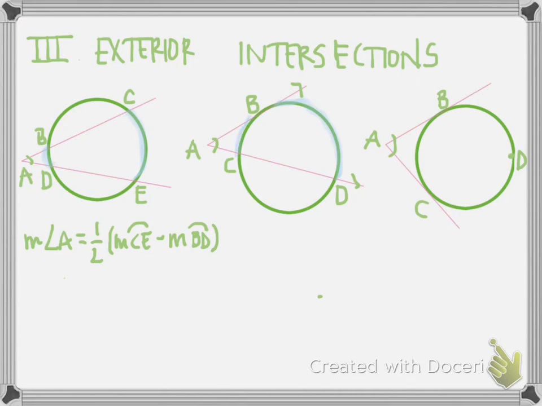So measure of angle A is equal to 1/2 the measure of the arc BD minus the measure of the arc BC.